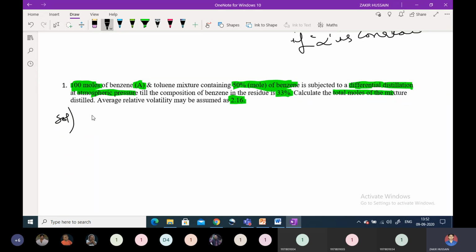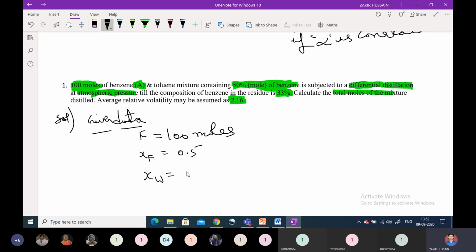So now we'll solve this one. The given data is F is equal to 100 moles. Then 50 percentage of the F is benzene, the more volatile component, which we can take as 0.5. It is subjected to a differential distillation at atmospheric pressure till the composition of benzene in the residue is 33 percentage, xW is equal to 0.33.